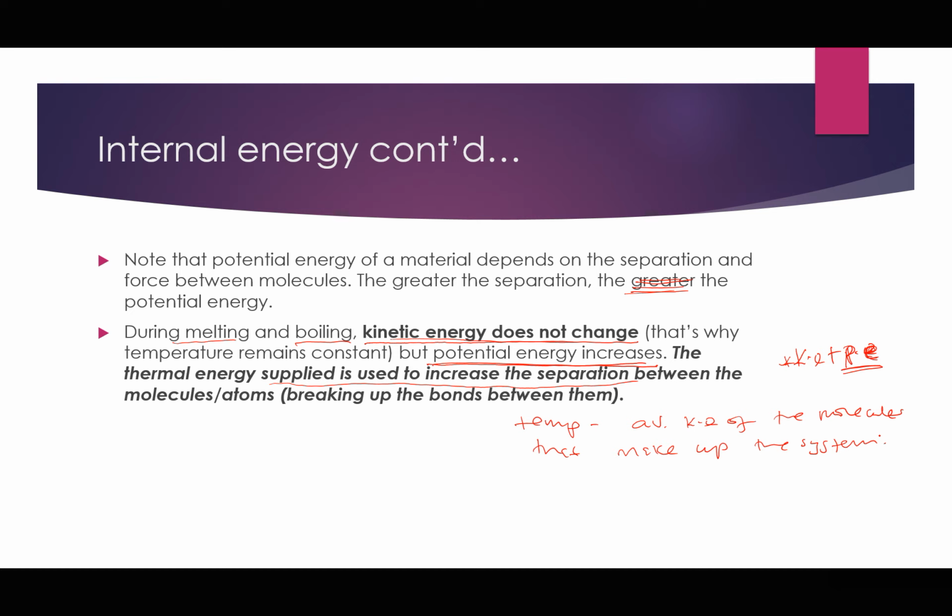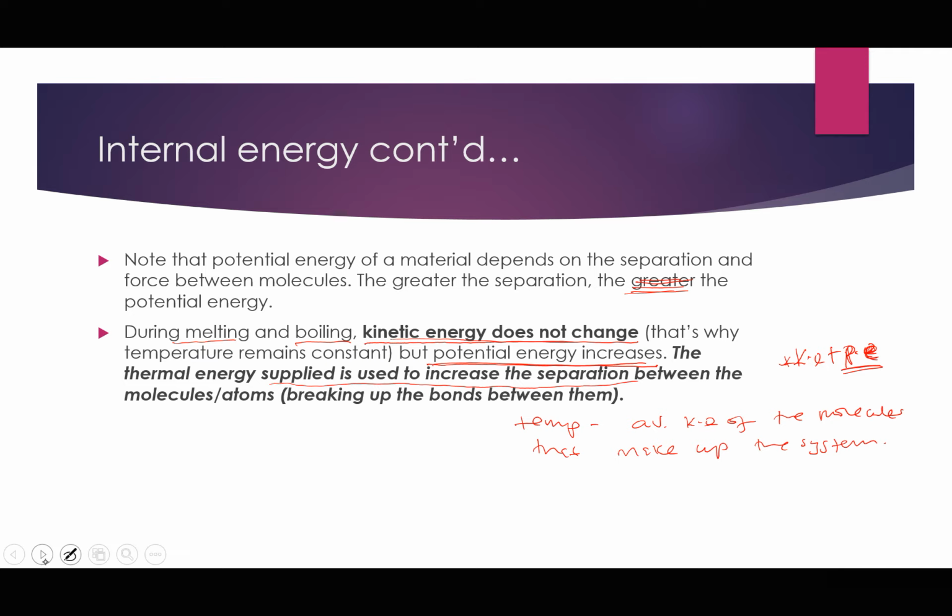The same thing applies to a heat pump or an AC or air conditioner. You will also experience that it is trying to cool a certain place, but behind the air conditioner it is too hot. Simply because heat is flowing from a region of relatively lower temperature to a region of relatively high temperature, but this is not natural. Some external work is being done. That's why you'll find the AC having a motor.